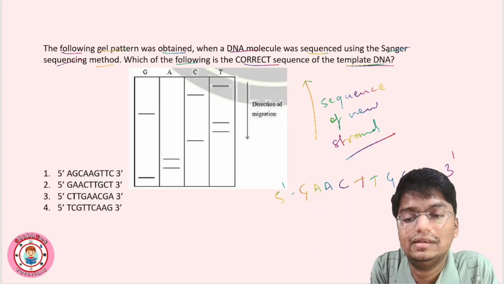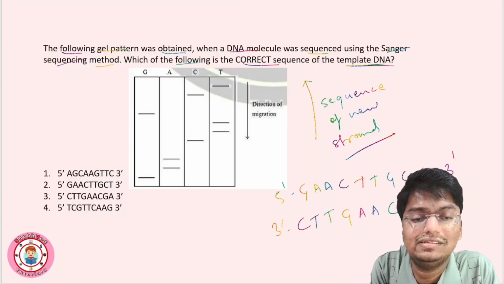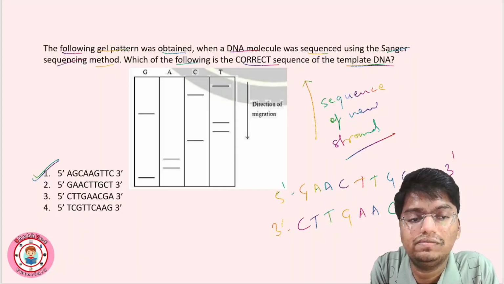That is A G C A A G T T C. Right? So you will see 5 prime A G C A option 1 correct है. Okay, this is how you will solve this question.